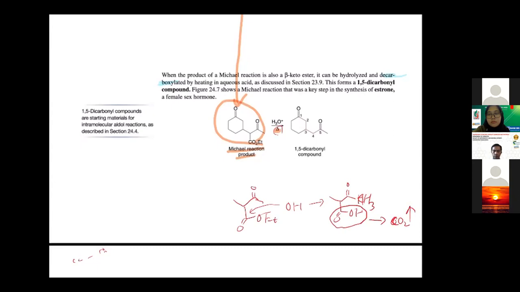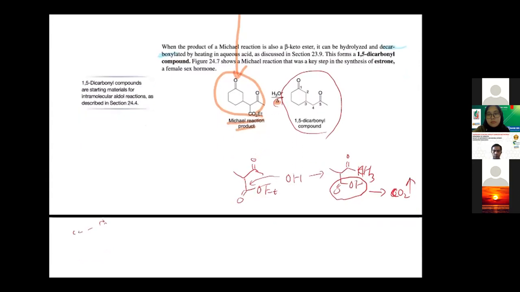And finally, the 1,5-dicarbonyl compound was formed here. This is a very unique compound, a key step in the synthesis of human sex hormones. Okay, next.